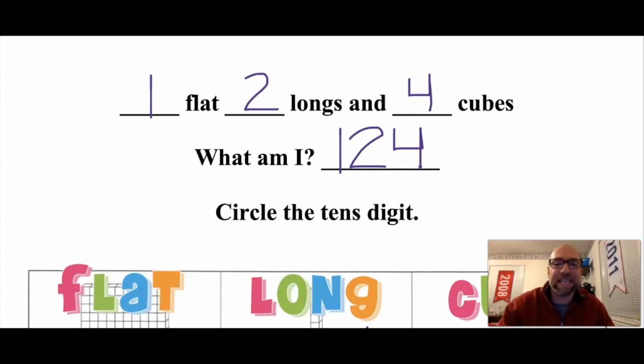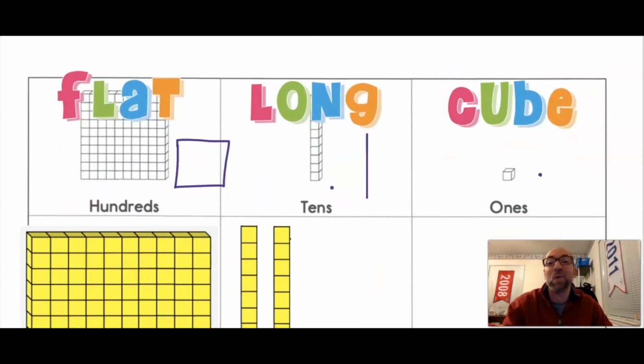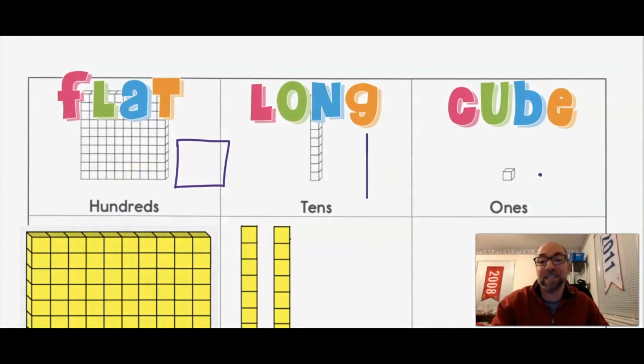Circle the tens digit. The tens digit is where my longs are. And the 2 represents my tens place, because my ones is my last place. Then comes the tens, and then comes the hundreds. Ones, tens, hundreds.